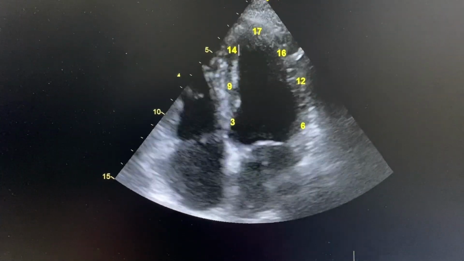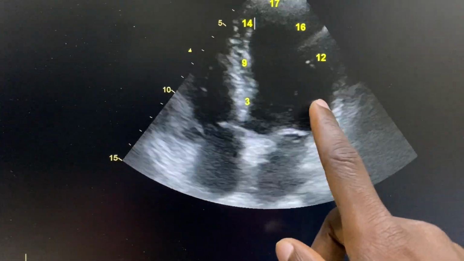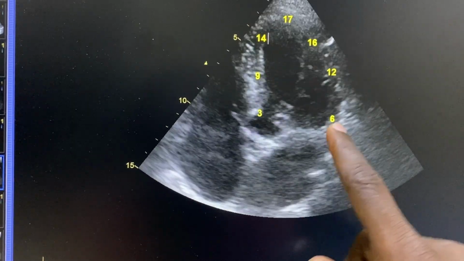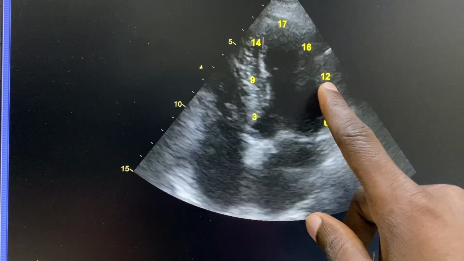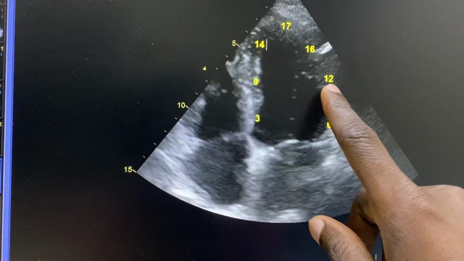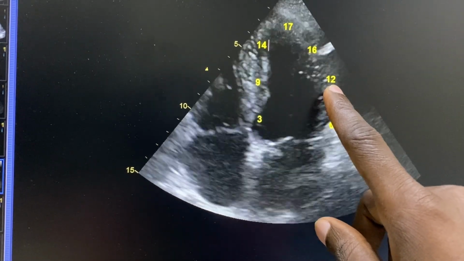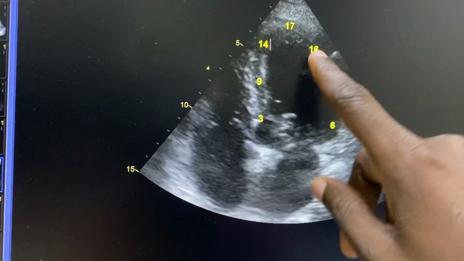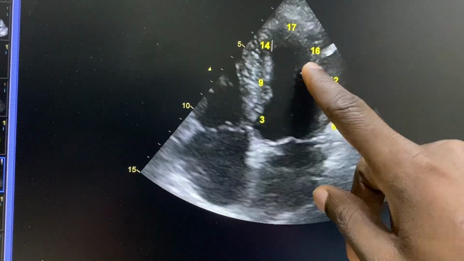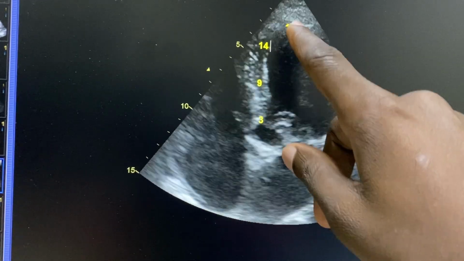And this is how we are going to name them. This is basal anterolateral 6, mid anterolateral 12. The number is 12 if you remember the short axis images. And then apicolateral or lateral apex is 16. And then the true apex is 17.